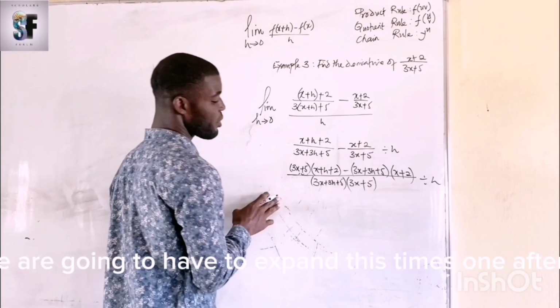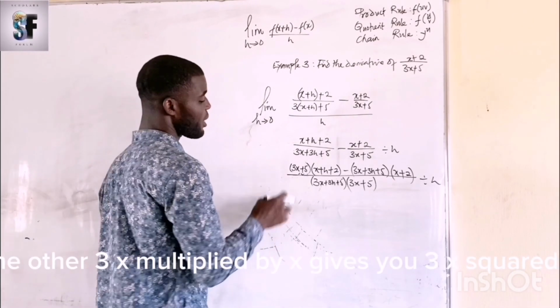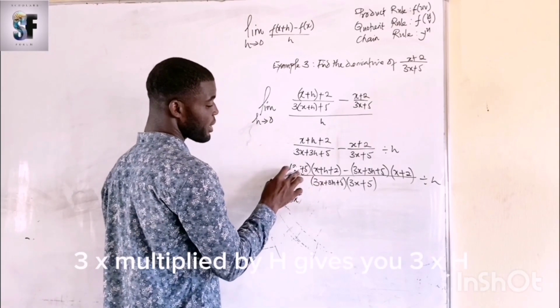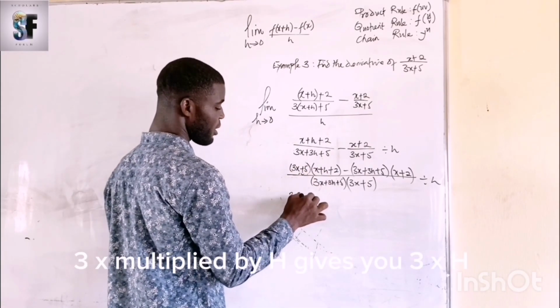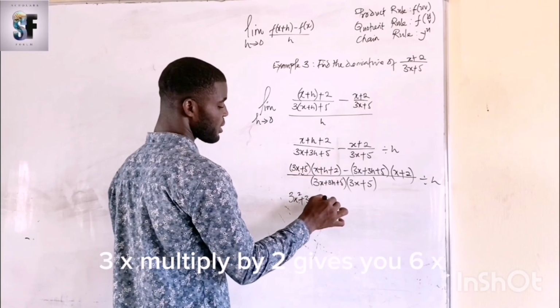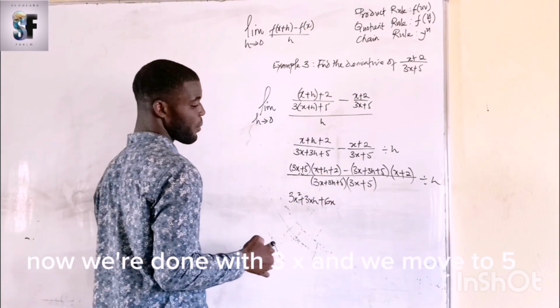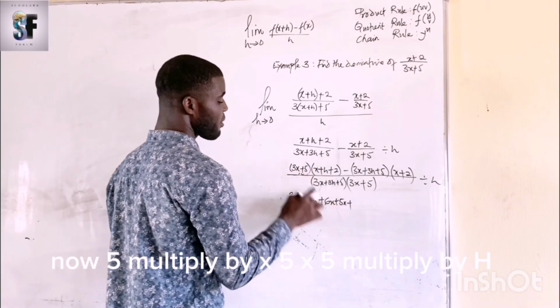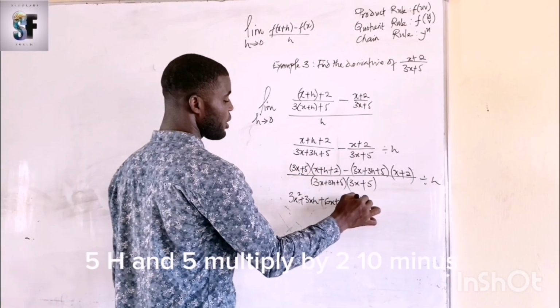Now, from here, we're going to expand these terms one after the other. 3x multiplied by x gives you 3x squared. 3x multiplied by h gives you 3xh. 3x multiplied by 2 gives you 6x. Now we're done with 3x. Can we move to 5 now? 5 multiplied by x, 5x. 5 multiplied by h, 5h.